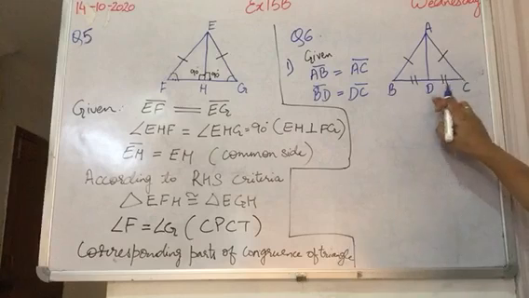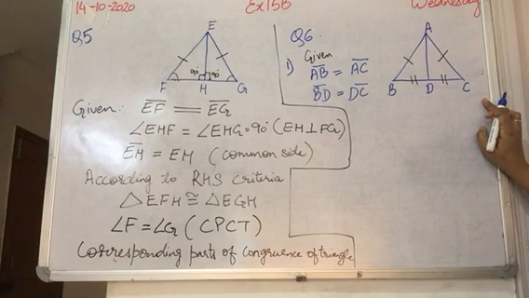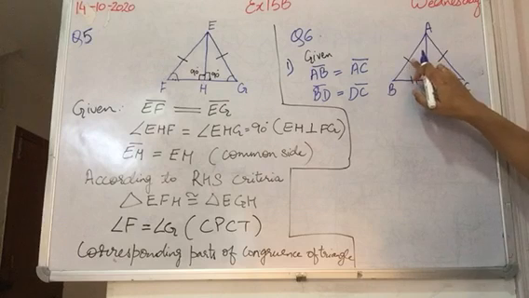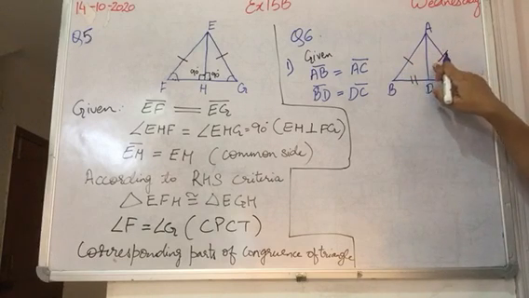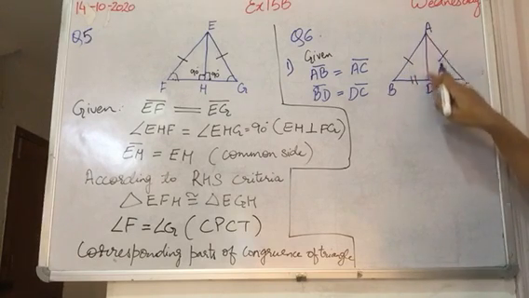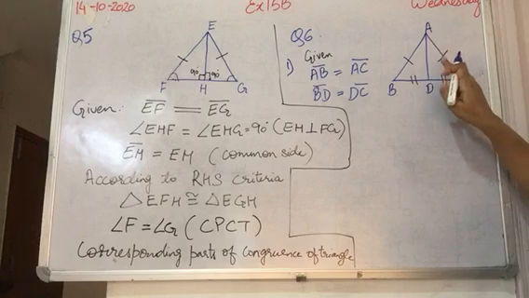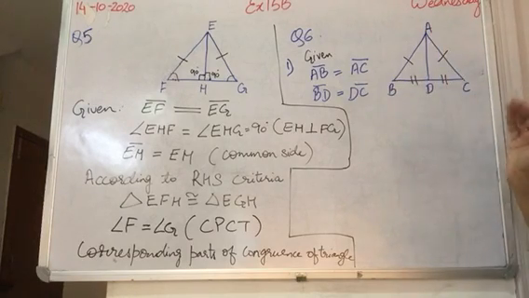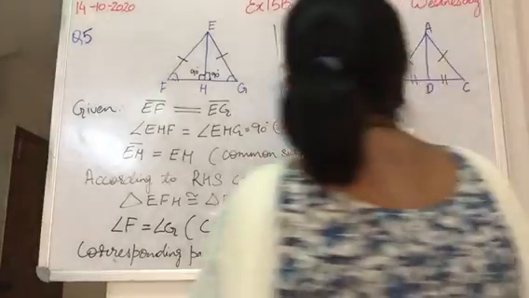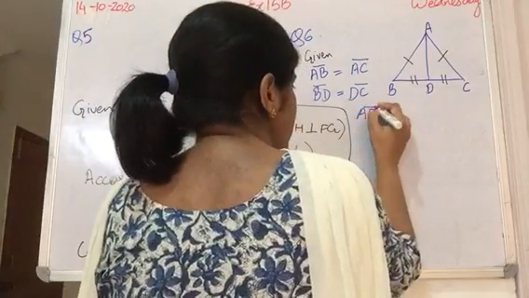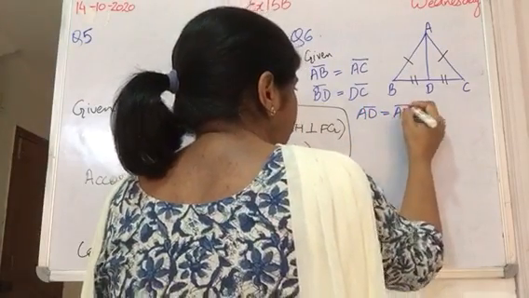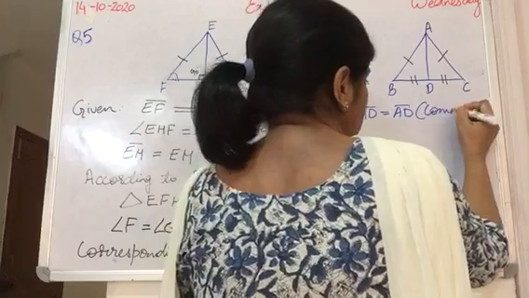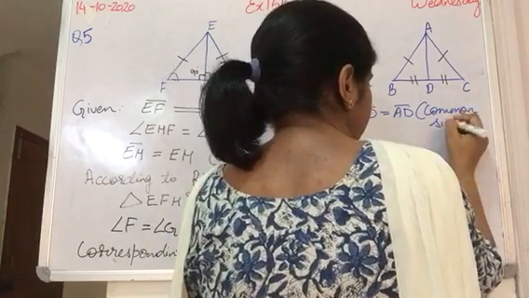Yes, this side is equal to this side. Now what is the third side? We have to prove that this part is congruent to this part. So students, you can see this third side is a common side of both the triangles. It is a common wall of both the triangles. So third we will write AD is equal to AD, and in the bracket we will write common side.